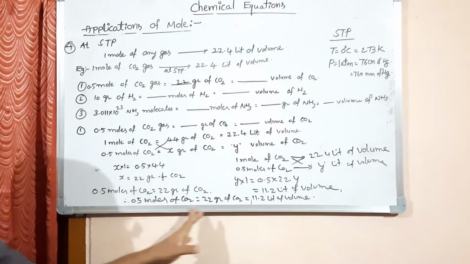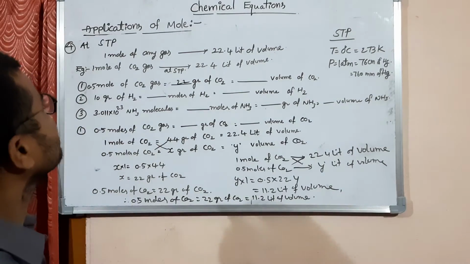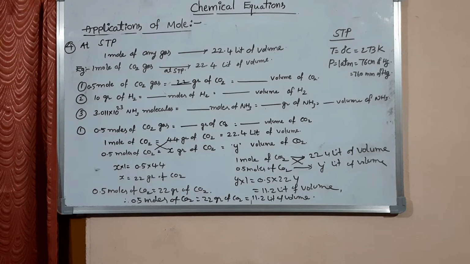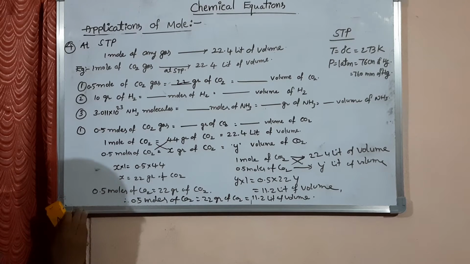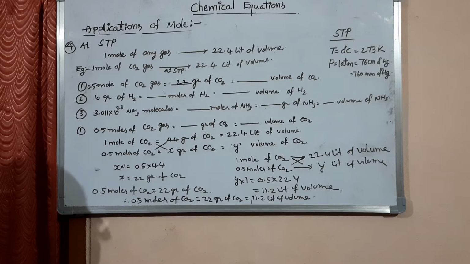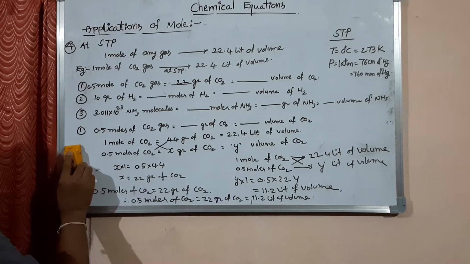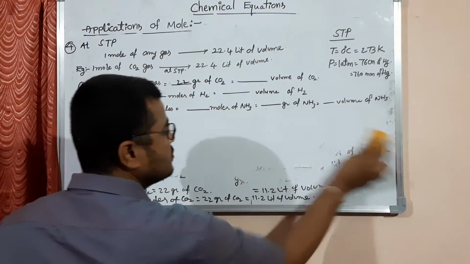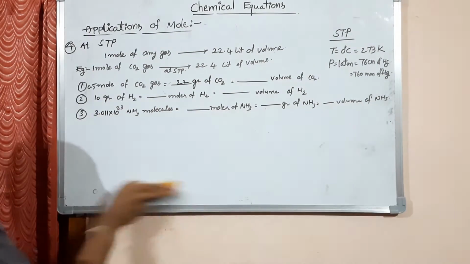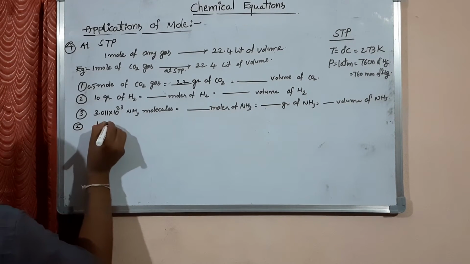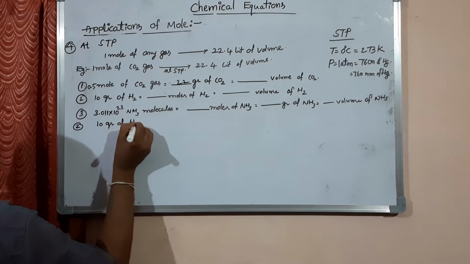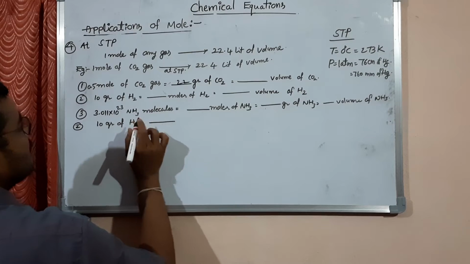Next problem. Second problem here. 10 grams of hydrogen is equal to dash moles of hydrogen.